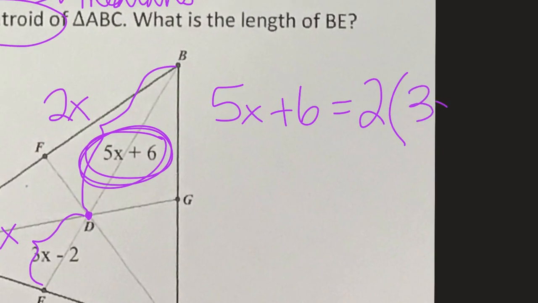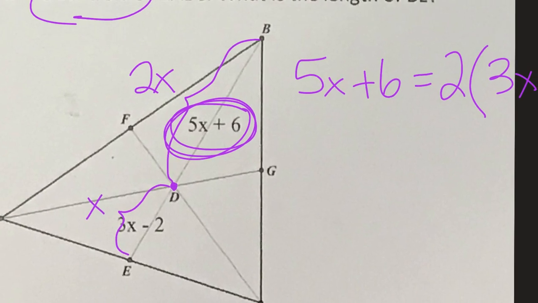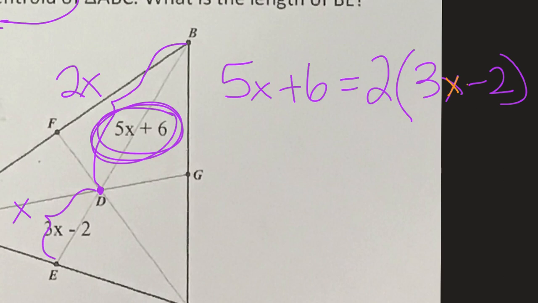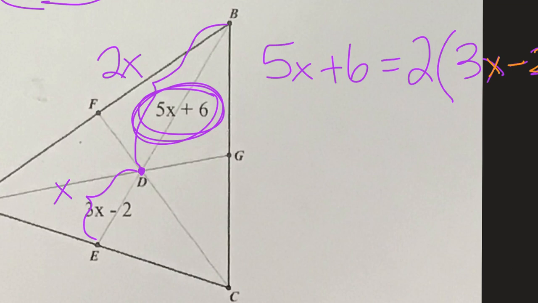So in this case, I know this isn't very easy to see because it's black and it's hard to see on this, but minus 2 goes there. So this much is x, right? That is x. And the rest of this is twice as long as that one.